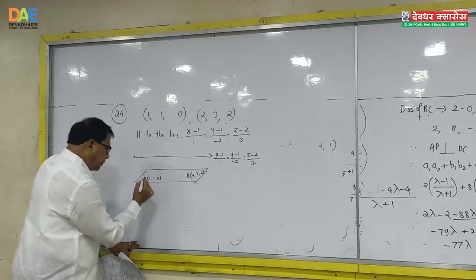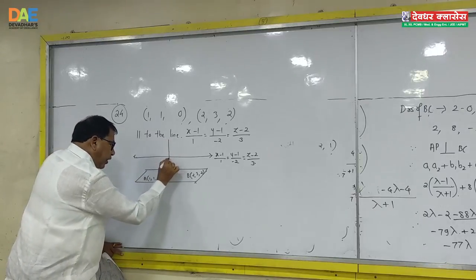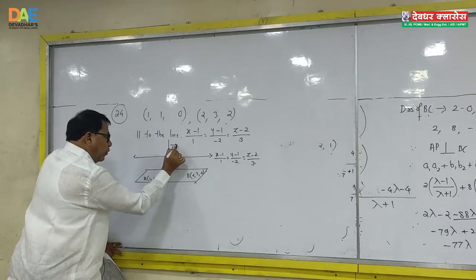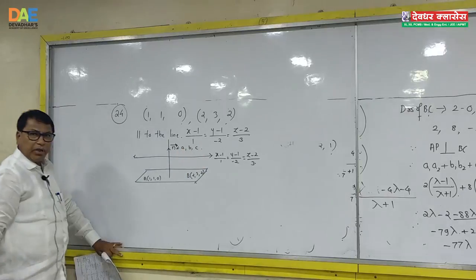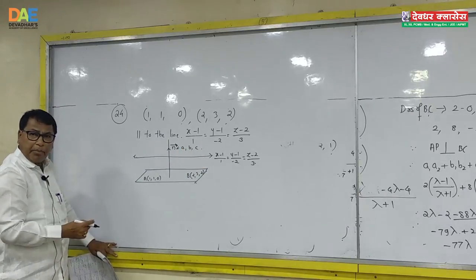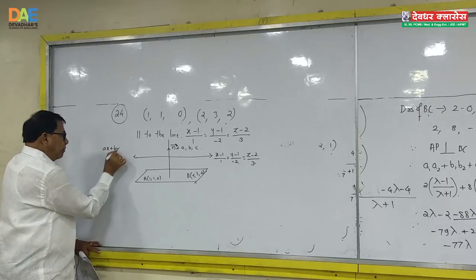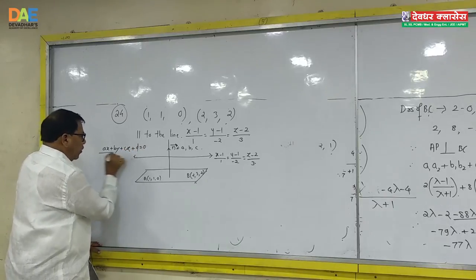Now see that. Find out the DRs of AB. We always require the normal, whose DRs are always a, b, c, so that we can write the equation of the plane as ax plus by plus cz plus d is equal to 0.